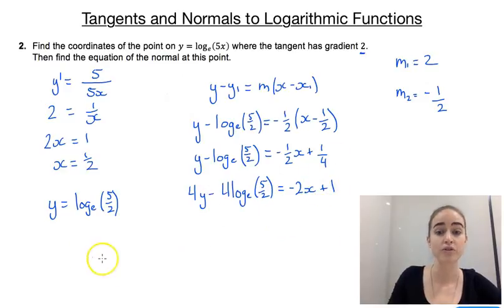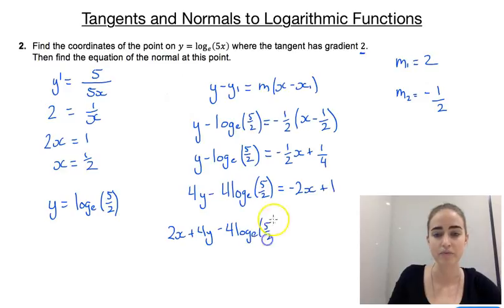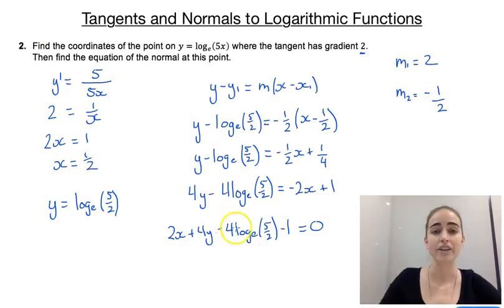And now bring it all over to one side of the equation, so it's in general form. So we'd have 2x plus 4y minus 4 log to the base e of 5 over 2 minus 1 equals 0. So this is the equation of the normal at the point on this function where the tangent has gradient 2.